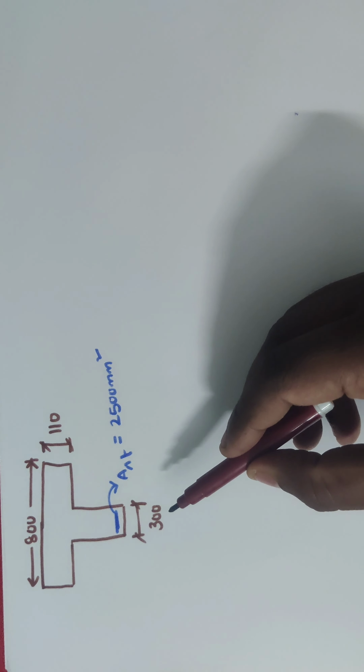xu can be obtained by equating C is equal to T. 0.36 FCK B into xu is equal to 0.87 Fy AST. We can assume the materials as M20 and Fe415 steel.